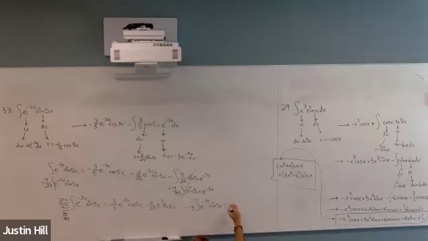On the first one, the 5's cancel, so negative 15 over 34 e to the negative 3x cosine of 5x, minus 3/34 e to the negative 3x sine of 5x, all plus c.